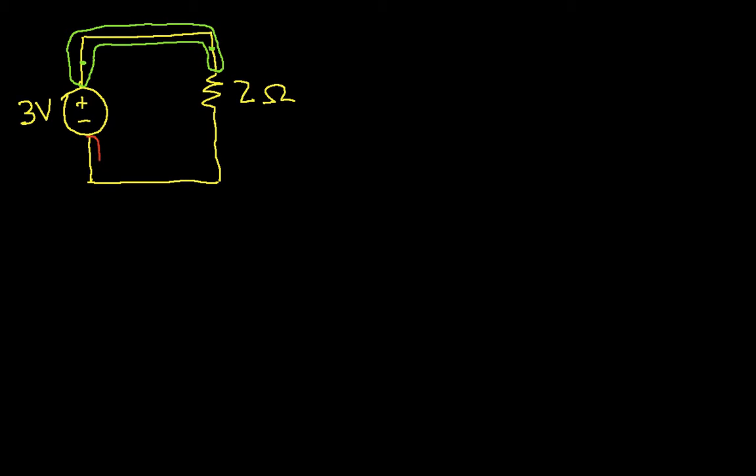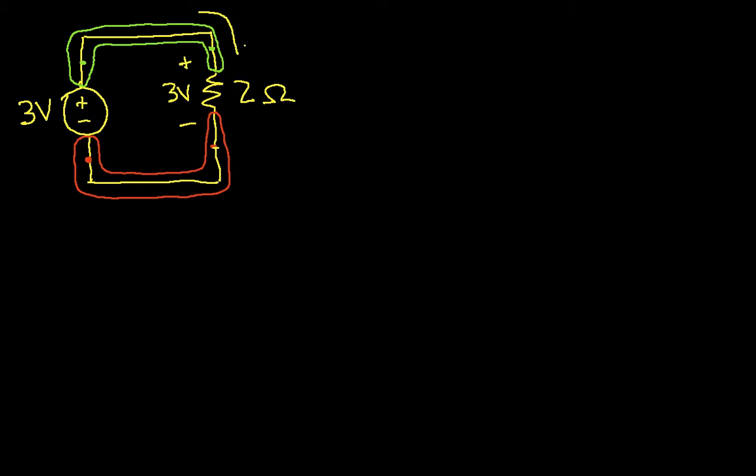Everything that's connected to this node is also a single node, and so there's no voltage drops anywhere on this wire, which means that the voltage between any 2 points that are connected to my green node on the top and my red node on the bottom have the same voltage across them. And my voltage source will do whatever it has to do to make sure that the voltage between these 2 nodes is 3 volts. So the voltage across this resistor is 3 volts.